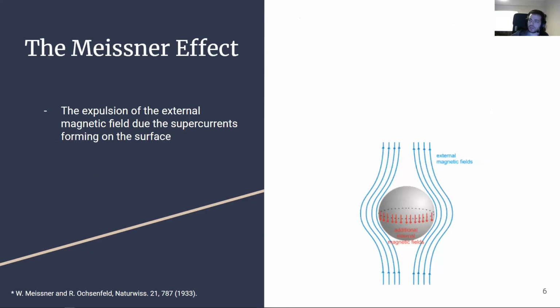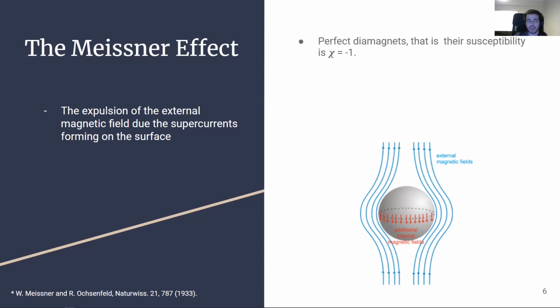Now we will talk about a property of superconductors, the Meissner effect. This is what happens when we apply a magnetic field to a superconductor below critical temperature, of course, so it's in the superconducting state. What we observe is that the superconductor is actually a perfect diamagnet.